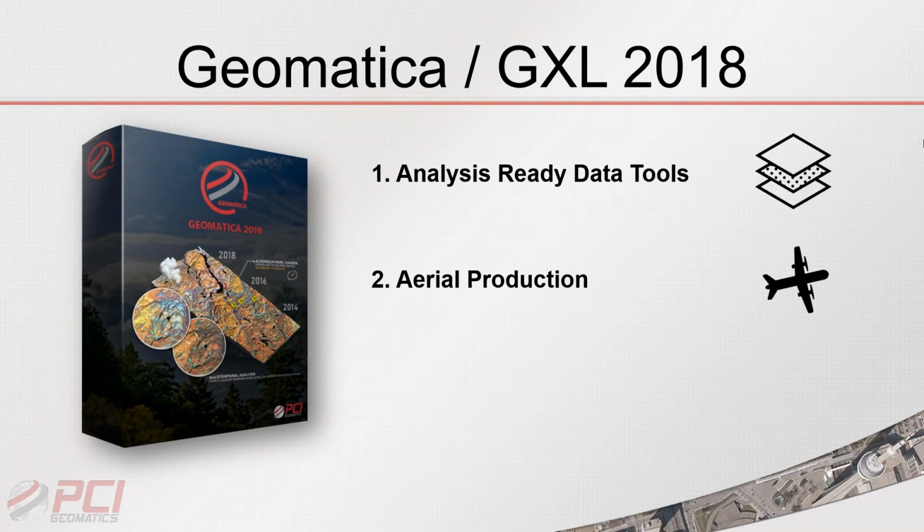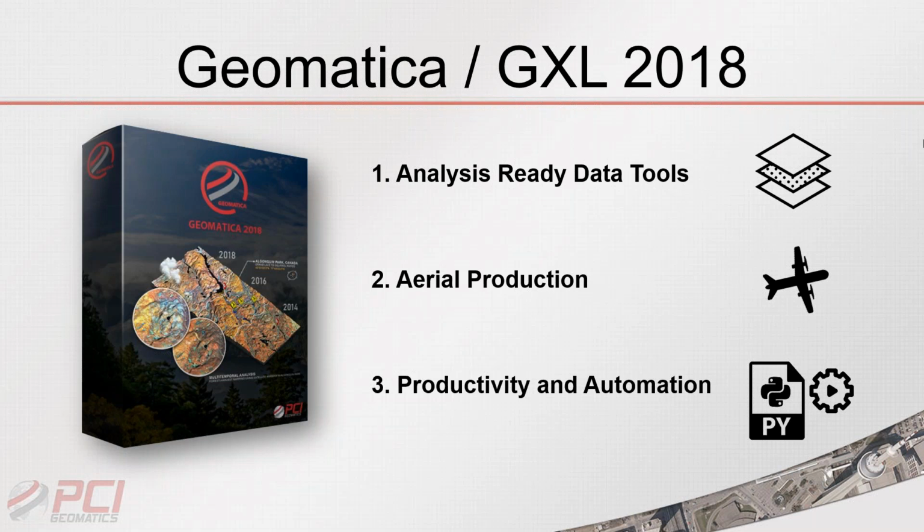So everything to do with producing ortho mosaics from aerial imagery and satellite imagery, but very much a focus on high resolution aerial data sets with this release, with the introduction of semi-global matching and many productivity and automation enhancements and efficiencies in the software to enable aerial production to be very, very efficient. So we'll spend some time talking about that.